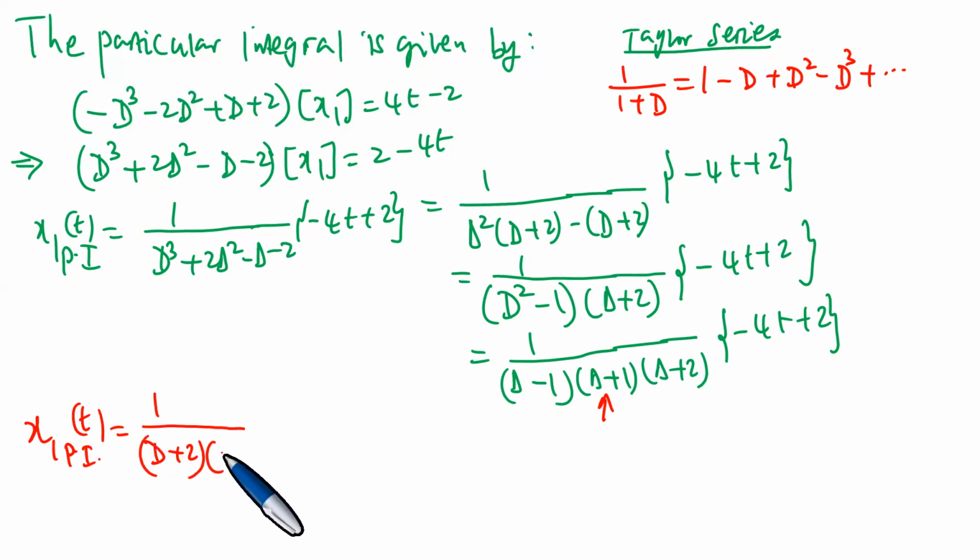And then you have the d minus 1. All right, so the 1 over d plus 1 is going to become 1 minus d plus d squared minus d cubed.